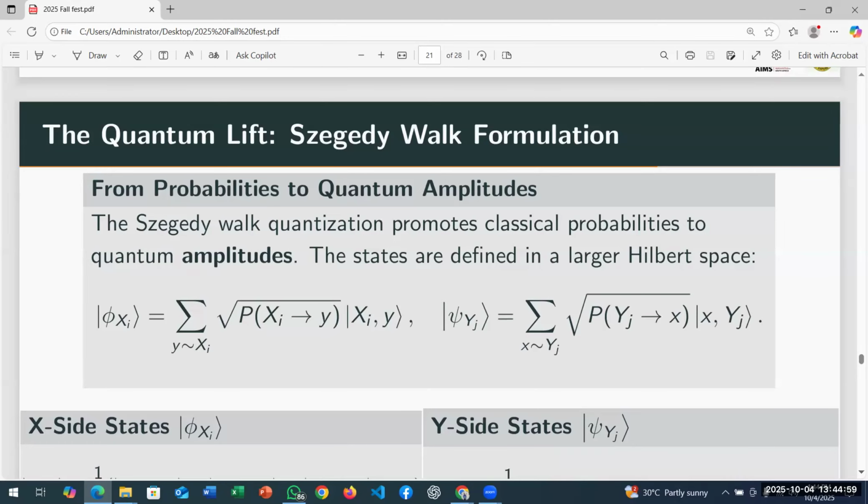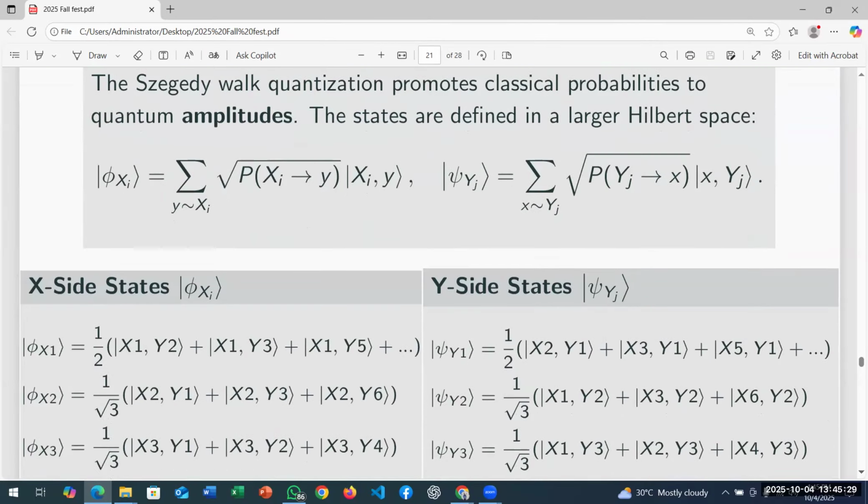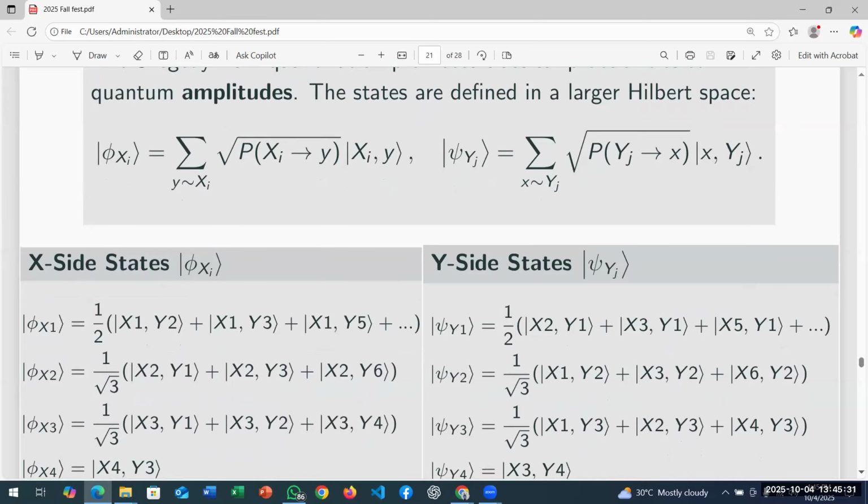For ket psi X, this is telling us the state formation of what is going on in X. The other part, psi Y, is telling us the state of what is going on for Y. I also did it explicitly so that we can see it better. The same way, but a different approach.